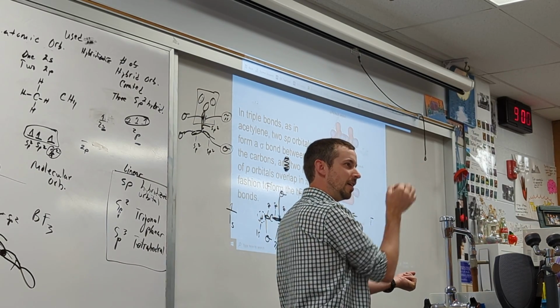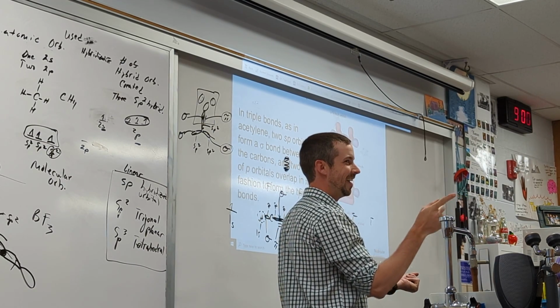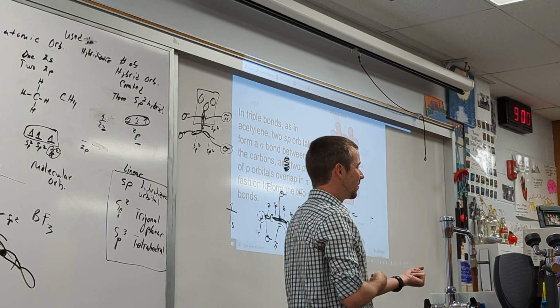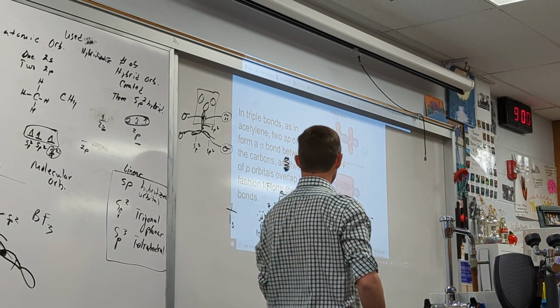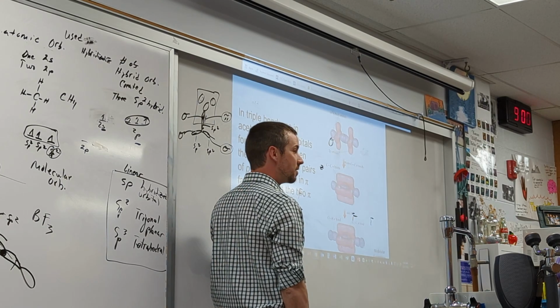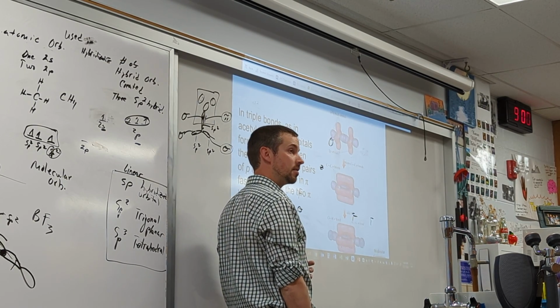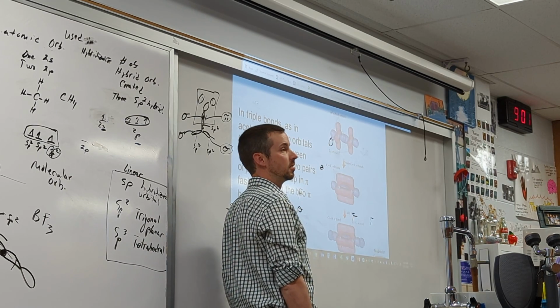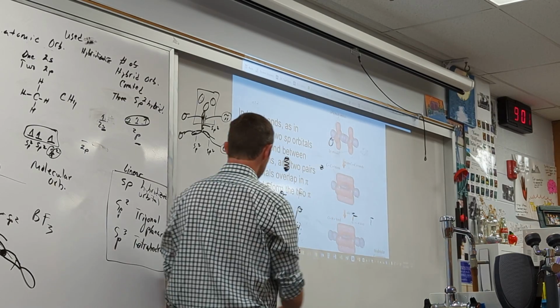You're not pulling in terms of vectors and physics. You have a totally different amount of force here as the vector component. So it's easier to break a pi than a sigma. However, collectively, triple bonds are stronger than double bonds, which are stronger than single bonds, with more electron density being shared in a triple bond.